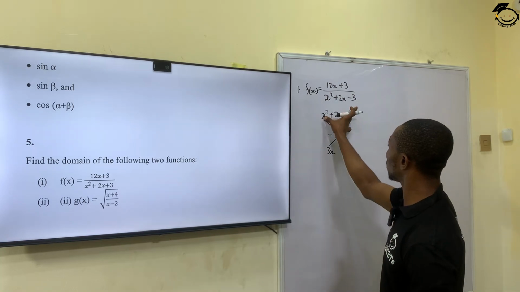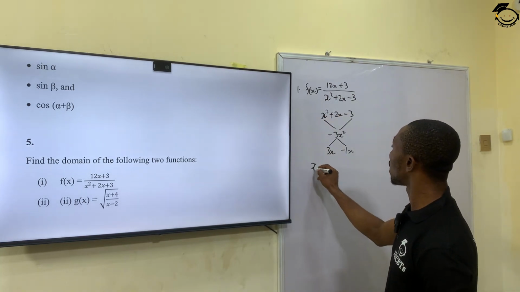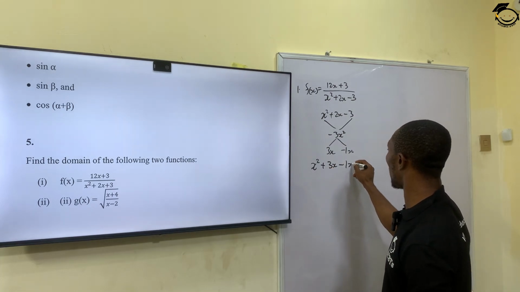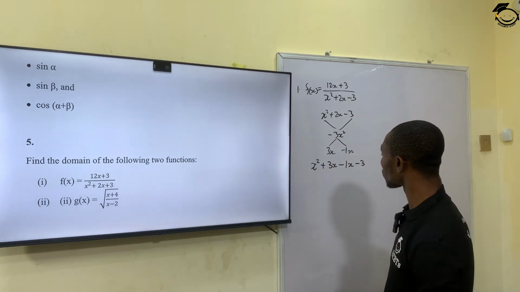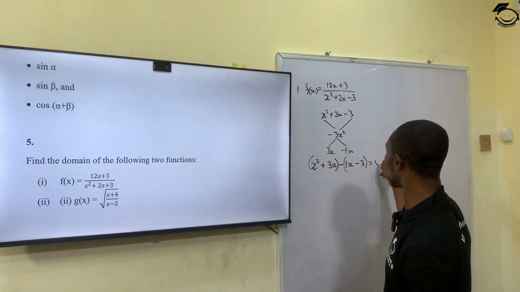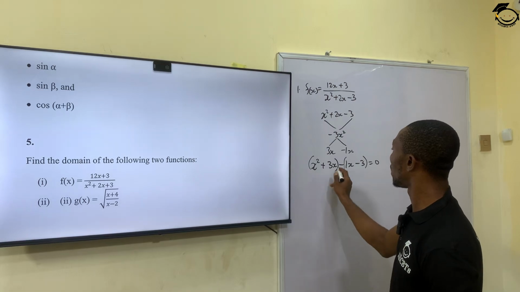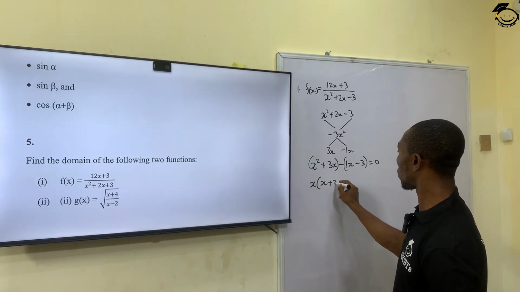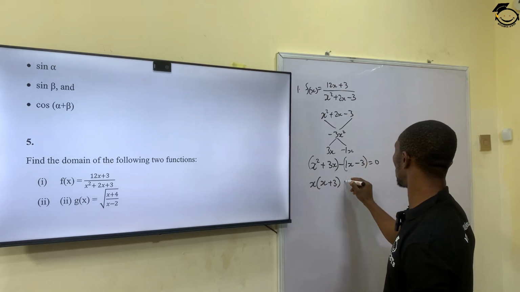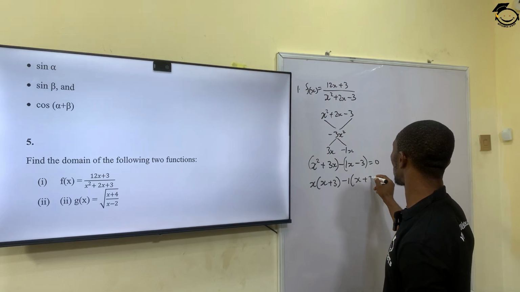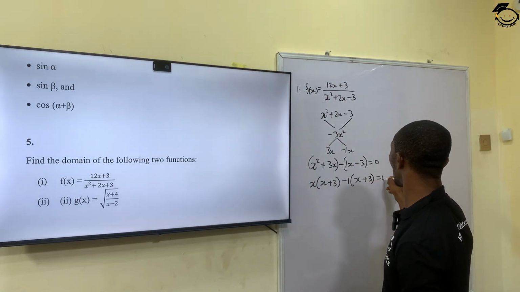So substituting into this equation, we have x squared plus 3x minus 1x minus 3. Grouping these two together and these two together equals 0. Common here is x plus 3, and common here is 1 minus 1, x plus 3, equals 0.